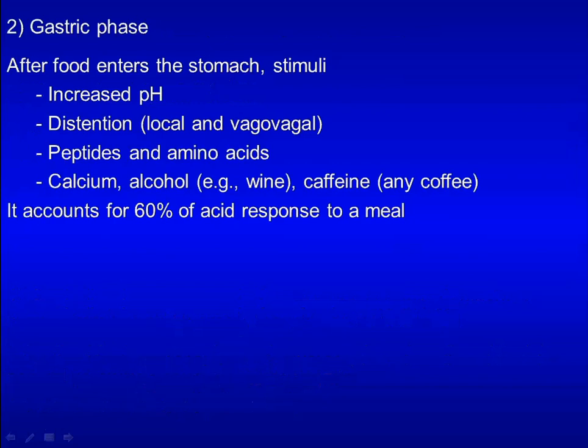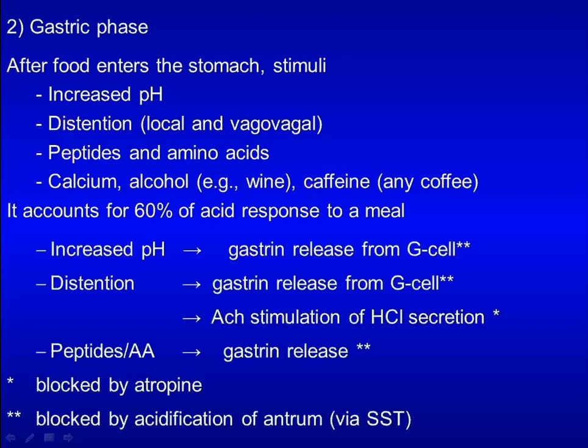After food enters the stomach, new stimuli come into play. These include increased pH, distension, presence of peptides and amino acids, calcium, alcohol, and caffeine. For example, distension excites long vagal reflexes from the stomach to the brain and back to the stomach, and local enteric reflexes.